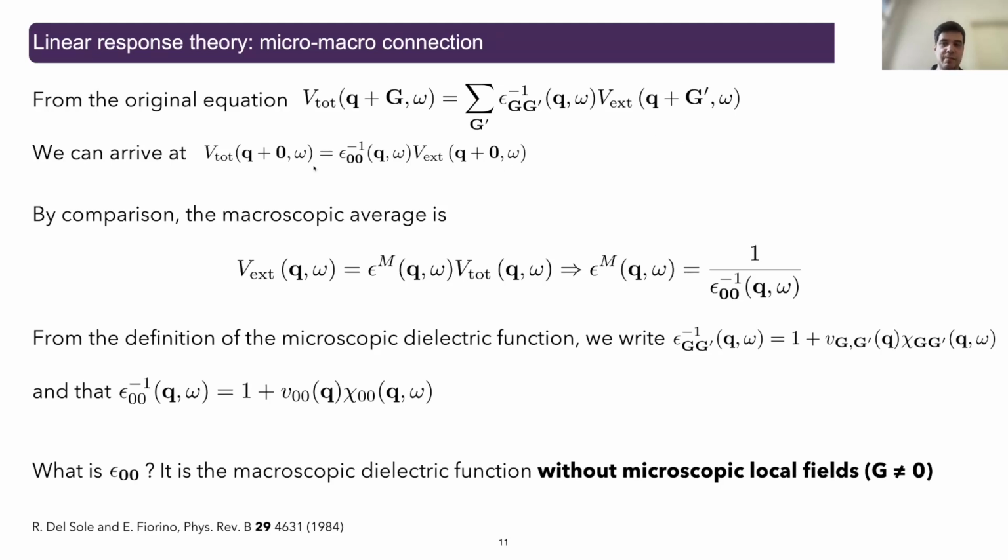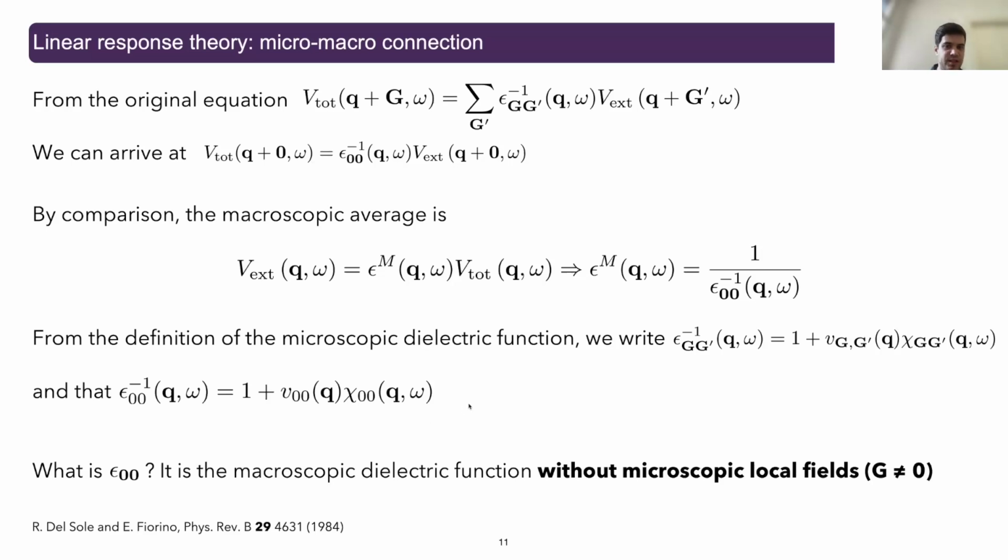So when we take the macroscopic average, and by comparison, we define the link between the macroscopic dielectric function, epsilon m, and the microscopic counterpart, which is the inverse of the microscopic dielectric function for which G and G prime are equal to 0. And following the equation in which we relate epsilon minus 1 to V and to chi, we can write this expression.